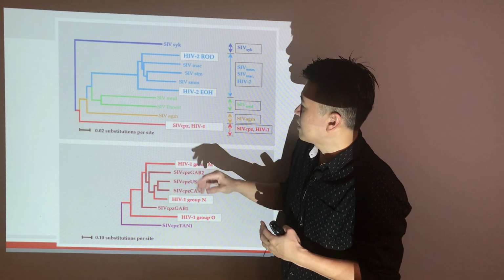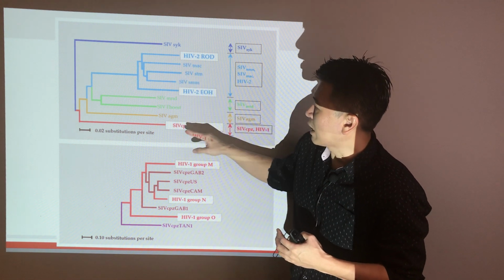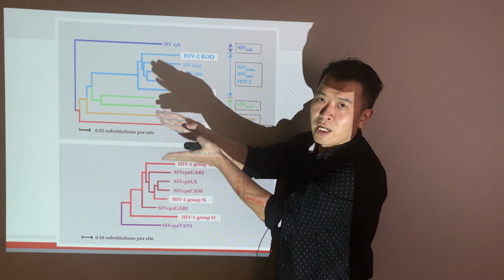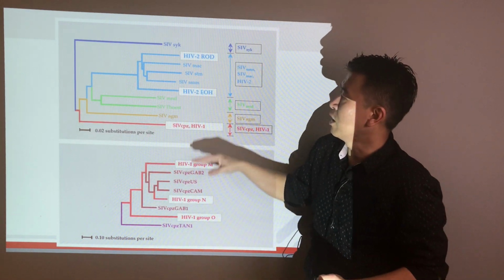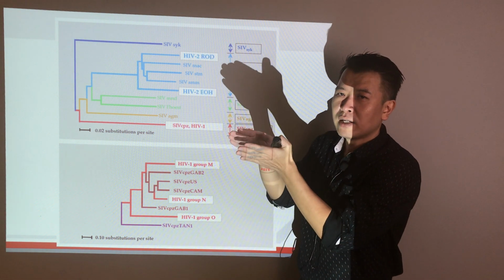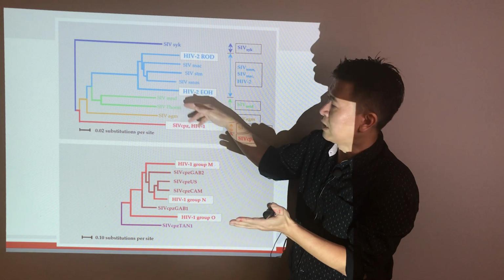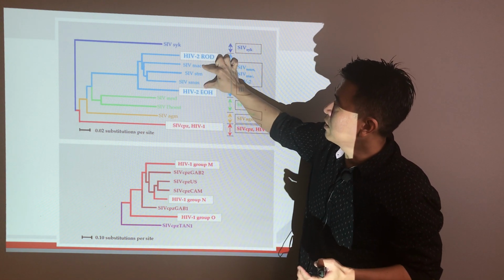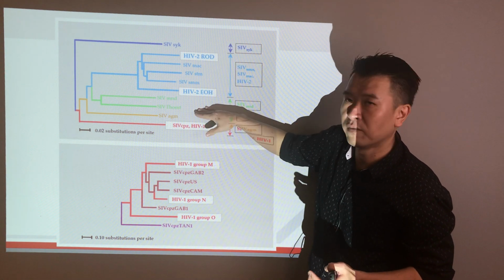What we can see here is HIV-1 and HIV-2. In the phylogenetic tree, HIV-1 and HIV-2 already branched out early in time. So even though they are in the same genus, they are not closely related to each other. In fact, you can see from here that the simian virus is more closely related to HIV-2 compared to HIV-1.